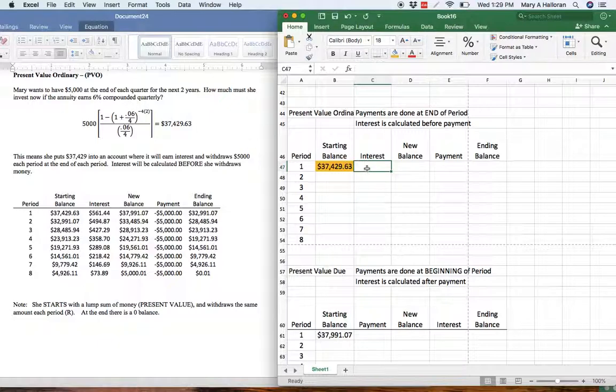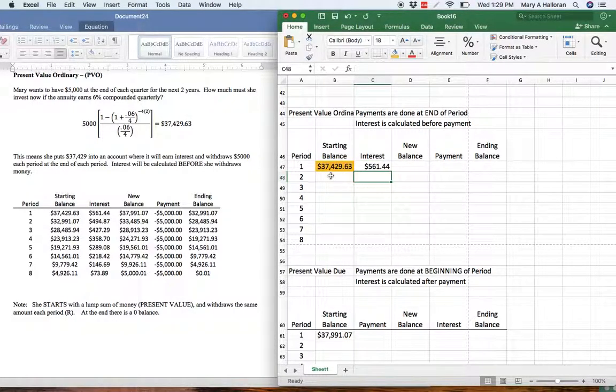I'm going to make my payment at the end. So what's going to happen is all of this money is sitting in the bank, or I should say in this case it's going to be a withdrawal, but I'm doing 6%, and I'm doing it quarterly, so I have to divide that rate by 4, and I'm going to multiply it by my balance.